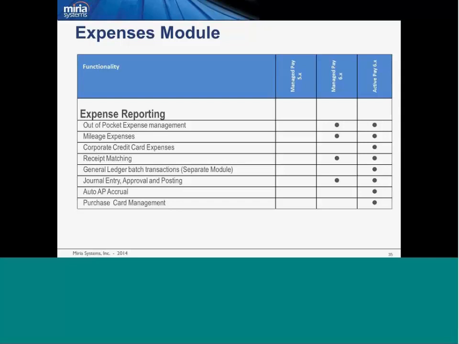And I know everyone here is on the expense side and the finance side, but we all know the challenges of getting people in the field to turn in things on time and accurately. And when we can bring in all this information directly from that credit card feed and eliminate all that data entry, what most customers see is it streamlines the process, things become much more timely, and it makes everybody's life a lot simpler.